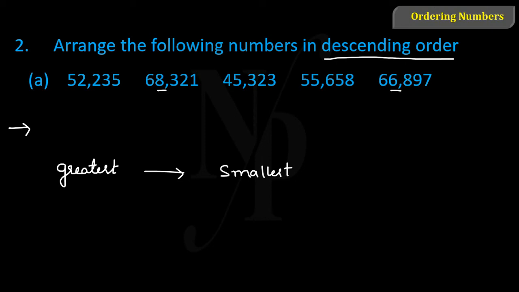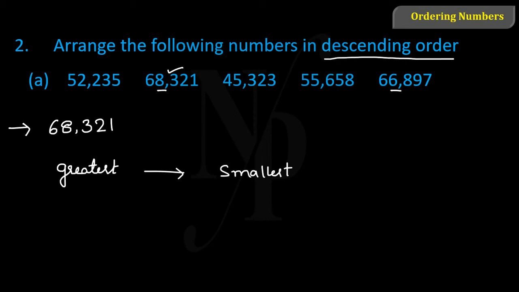So we will write down that number first, that is 68,321. So after writing this number, we will compare the remaining numbers. So as the last number is again having 6 in the highest place, this will be the next greater number.